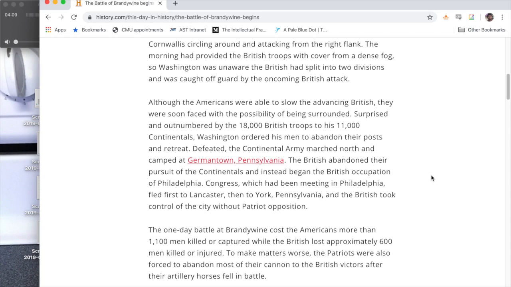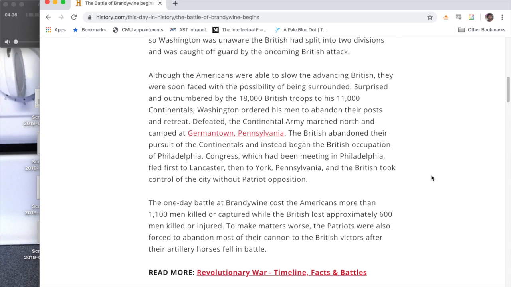Congress, which had been meeting in Philadelphia, fled first to Lancaster, then to York, Pennsylvania, and the British took control of the city without Patriot opposition. The one-day battle at Brandywine cost the Americans more than 1,100 men killed or captured, while the British lost approximately 600 men killed or injured. To make matters worse, the Patriots were also forced to abandon most of their cannon to the British victors after their artillery horses fell in battle.